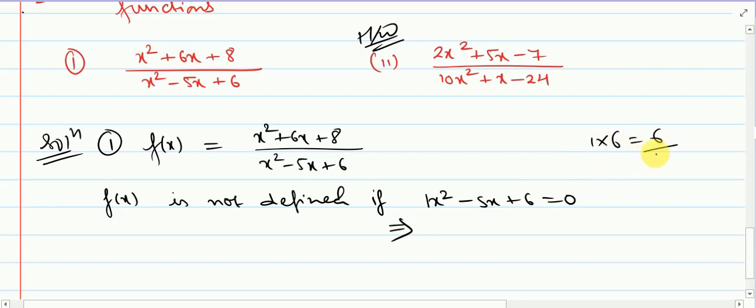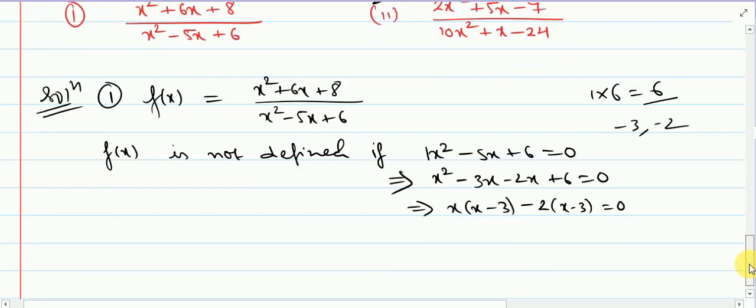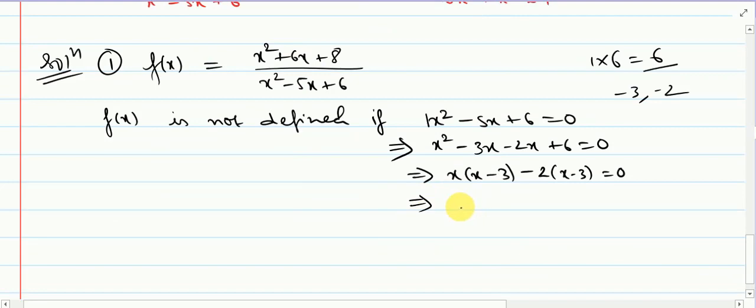Think of two numbers whose product is 6 and sum is minus 5: minus 3 and minus 2. So x square minus 3x minus 2x plus 6 is equal to 0. x is common, so x minus 3, and we are getting x minus 2. So x equal to 2, x equal to 3.